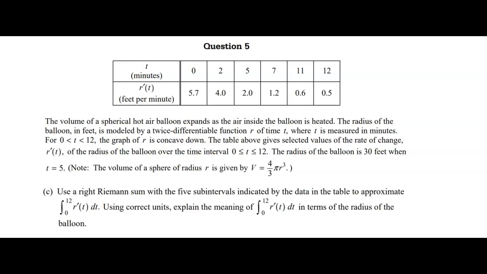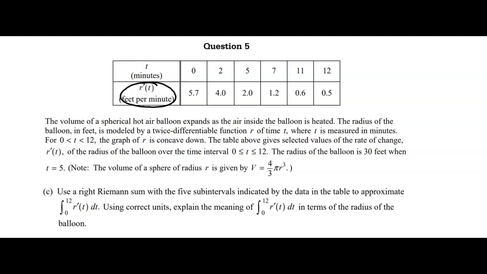All right, so we have a table. It says we're looking at the volume of a spherical hot air balloon that's expanding as it's heated. They've given us the radius of the balloon in feet, but notice that what they're giving me here is r prime, which means this is telling me how fast the radius is changing.